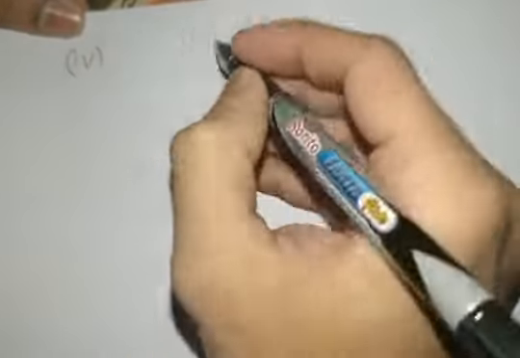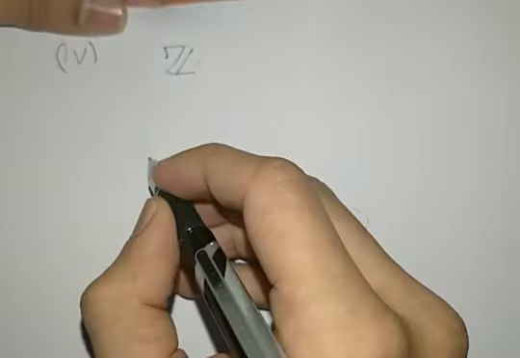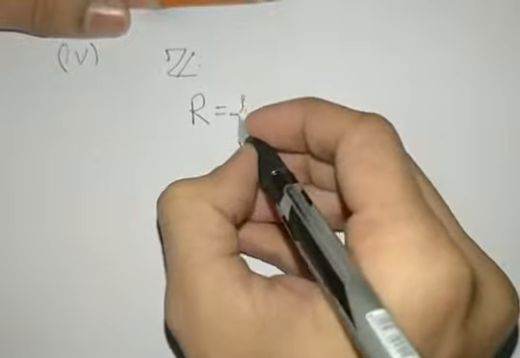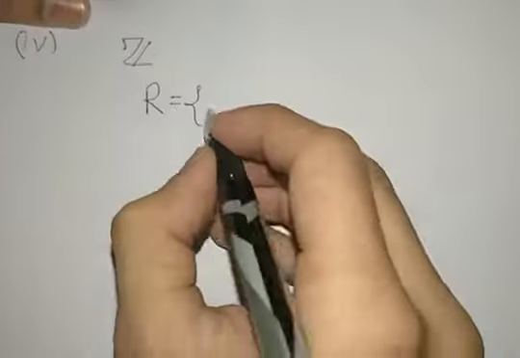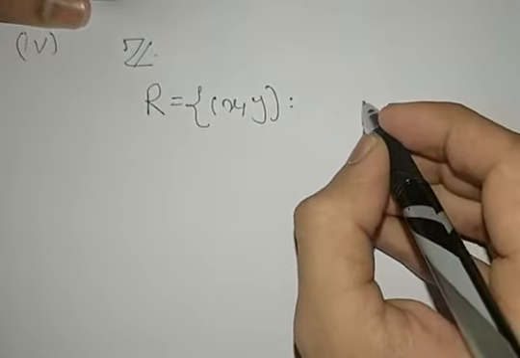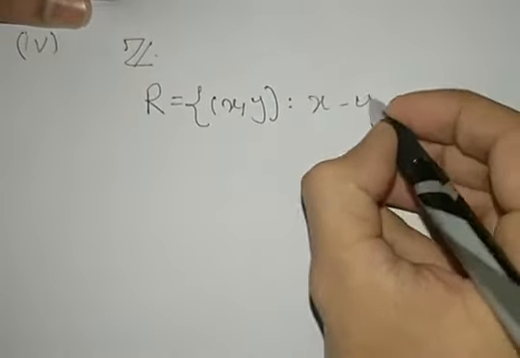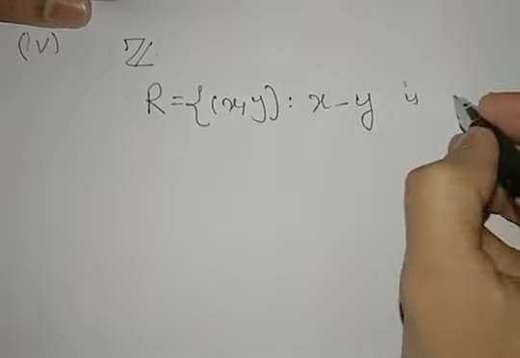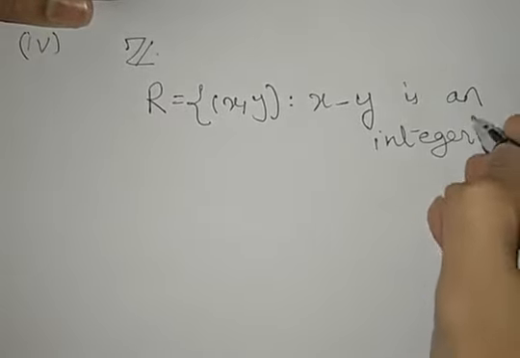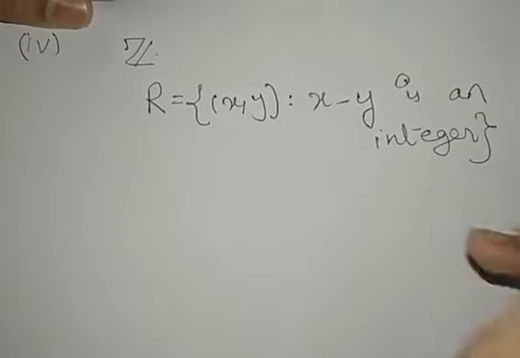You have a set Z, that is the set of integers, and you have the relation R which is given by set of x comma y such that x minus y is an integer.